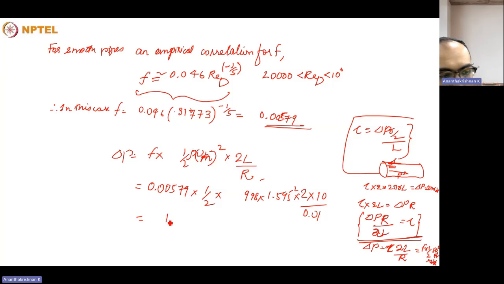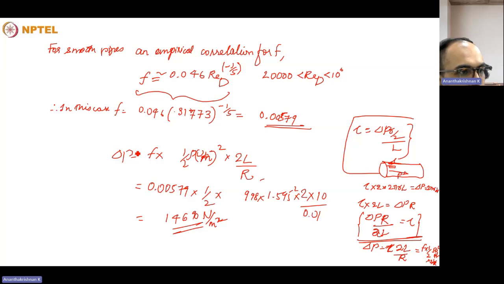So the pressure drop across its length will be somewhere around 14,690 Newton per meter square. So that completes the first part of the problem.